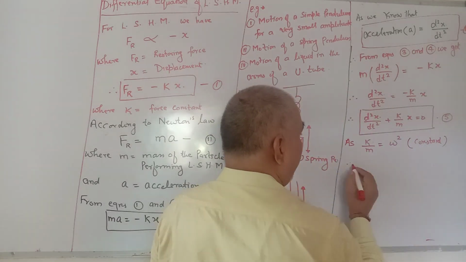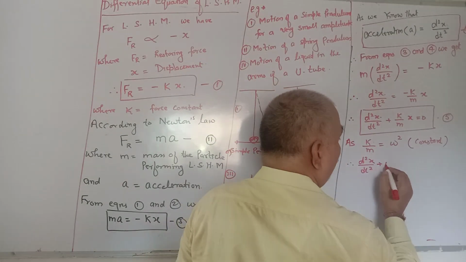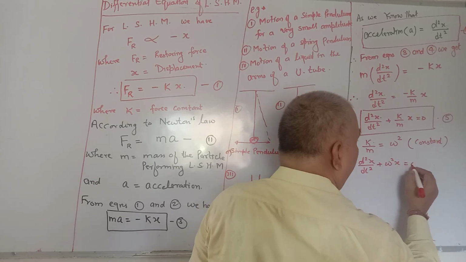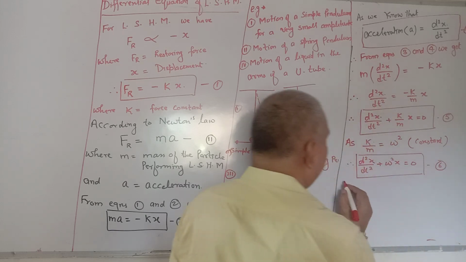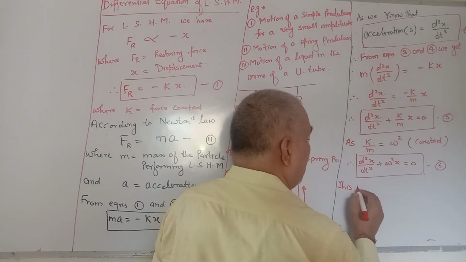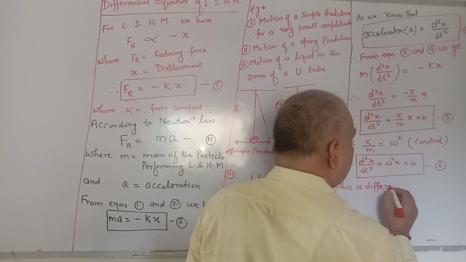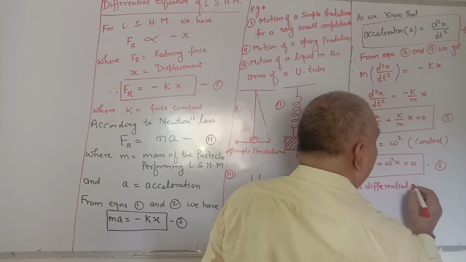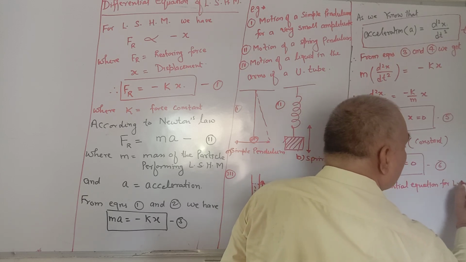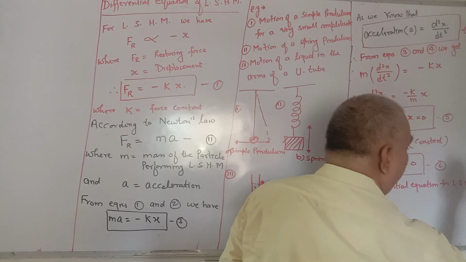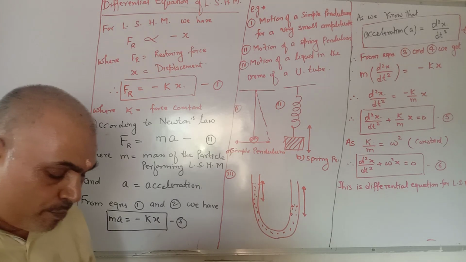Therefore, we will get d2x upon dt square plus omega square x is equal to 0, and this is the differential equation for linear simple harmonic motion. This was our aim, to derive the differential equation for linear simple harmonic motion.